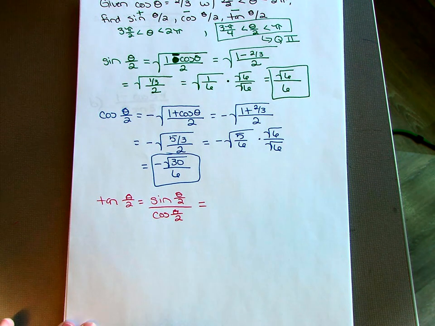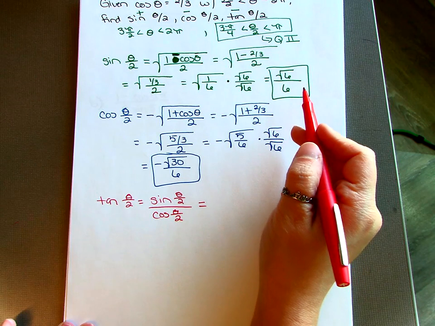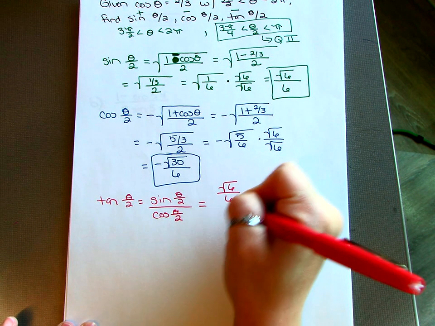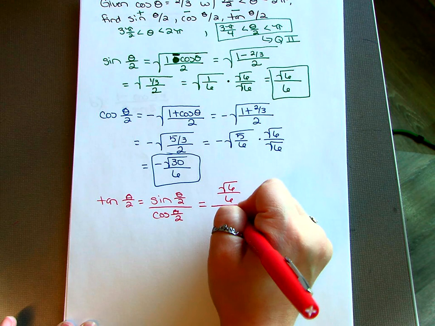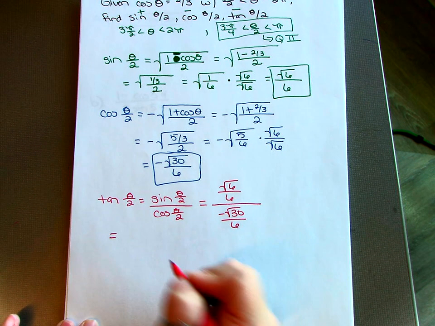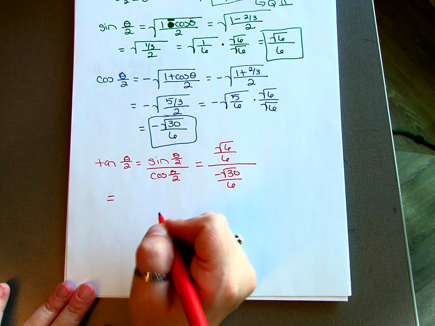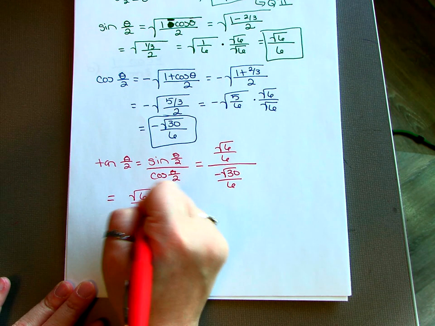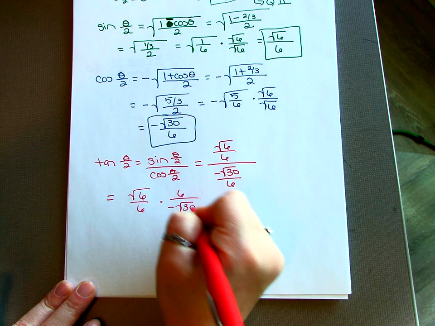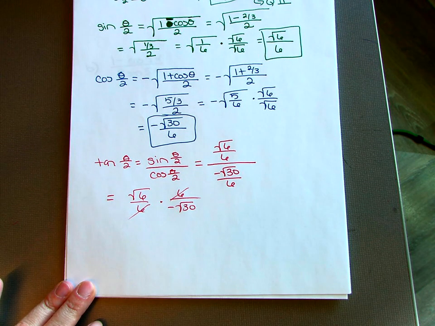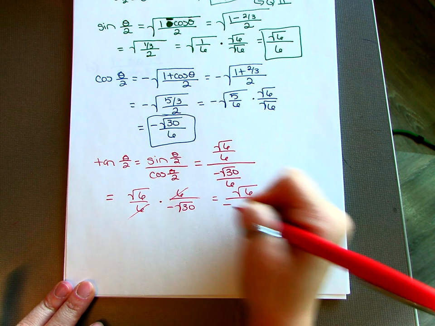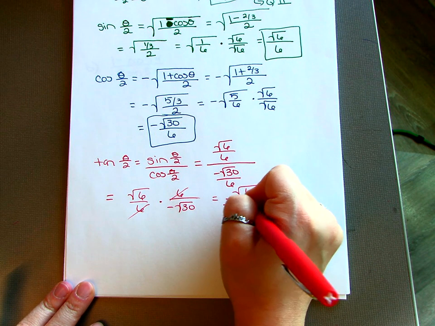We found that sine of theta over 2 was radical 6 over 6. Cosine was negative radical 30 over 6. Trying to make sure I'm staying on the screen for you guys. That's radical 6 over 6 times 6 over negative radical 30. Radical 6 over radical 30 is the same thing as radical 6 times radical 5.